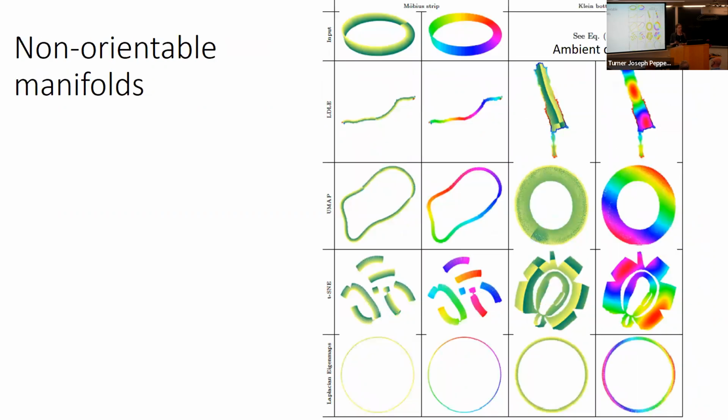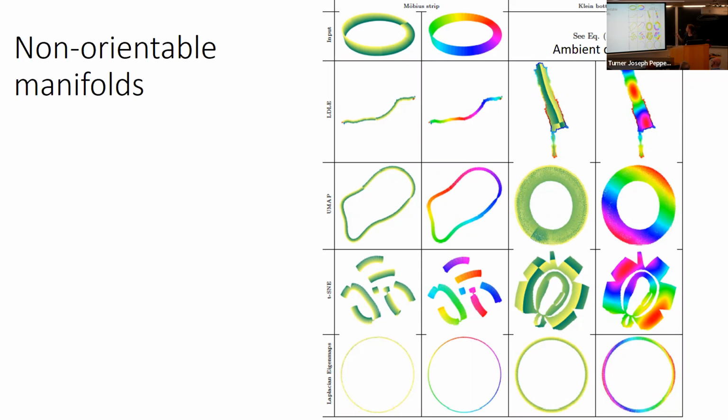This is one of my favorite plots. Dhruv said, why not embed non-orientable manifolds? Can we embed the Mobius strip and the Klein bottles in 2 dimensions using LDLE? And what you can see very nicely here is that we can embed the Mobius strip as a 1-dimensional strip, tear it apart at the end, indicating that it needs to be glued back together.